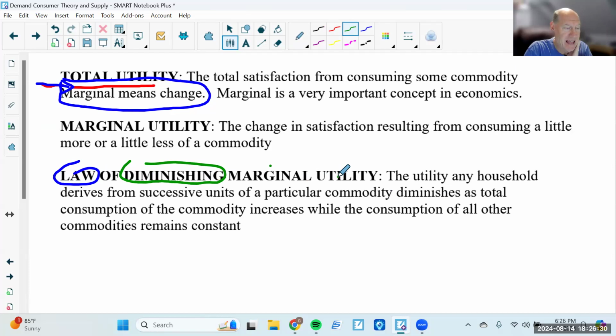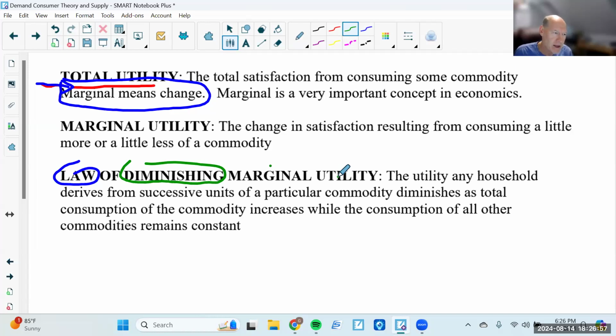So what this means is that for anything in life, as we consume more of it, the additional satisfaction decreases. Now, it may not happen right away, okay? But picture you go to an all-you-can-eat pizza buffet and you have that first piece of pizza, it's really good. You have the second piece, probably not as good as the first. Now, maybe you were so hungry you just inhaled the first one, and the second one you enjoy a lot more.